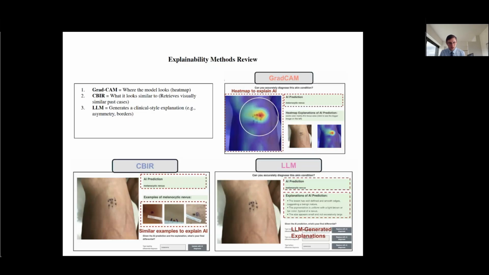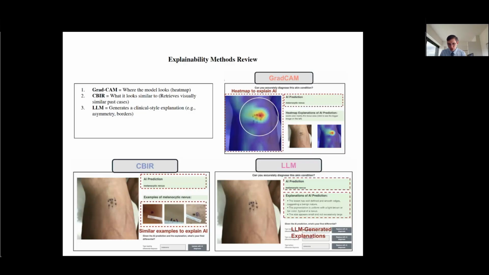And this LLM basically generates a clinical style explanation of why this specific lesion is the AI predicted diagnosis. So it could, for instance, in this specific example, the AI prediction is a melanocytic nevus. And so the lesion has well-defined and smooth edges suggesting benign in nature.